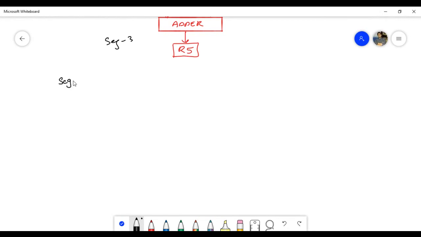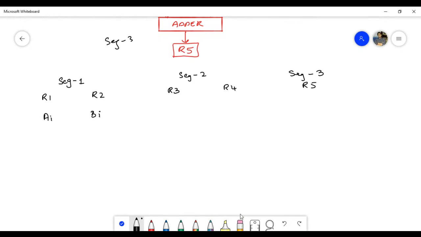You have segment 1, segment 2, and segment 3. What are the registers in segment 1? R1 and R2. In segment 2 you have R3 and R4. In segment 3 you have R5. So that means R1, R2, R3, R4, R5. What is the content of R1? AI, BI. Here the I value is from 1 to 6, so we will initialize this value.